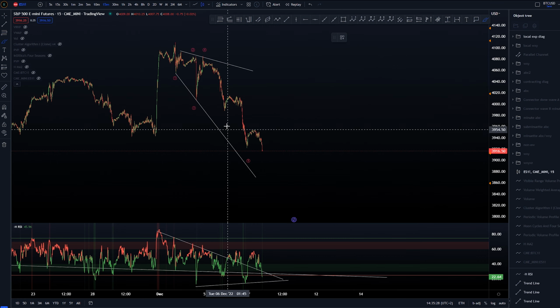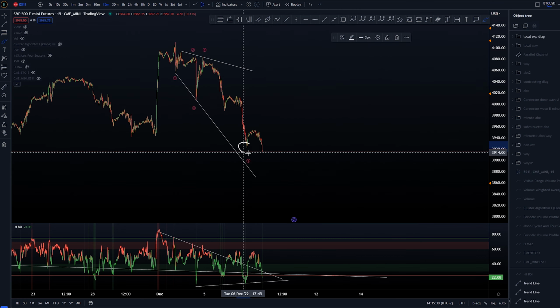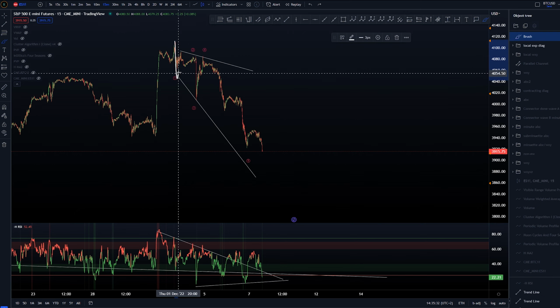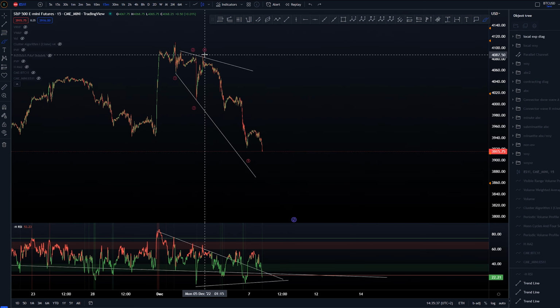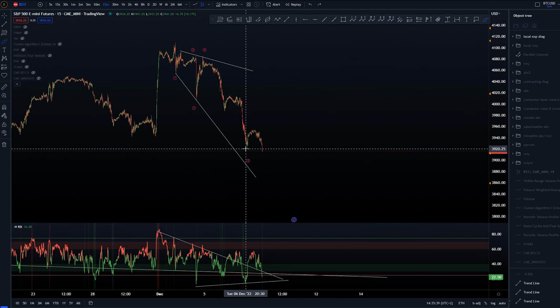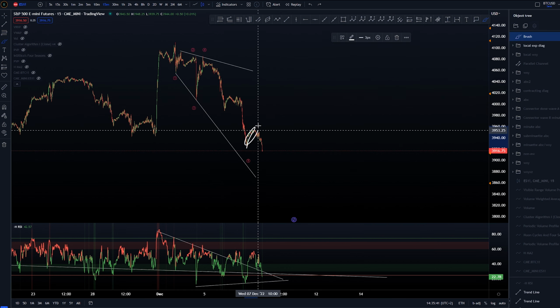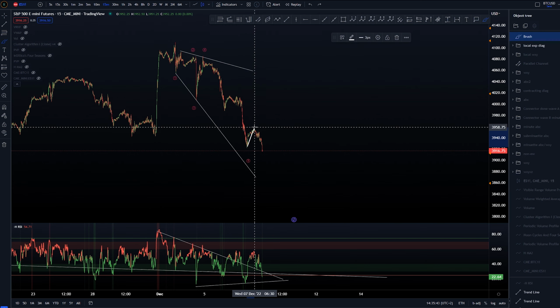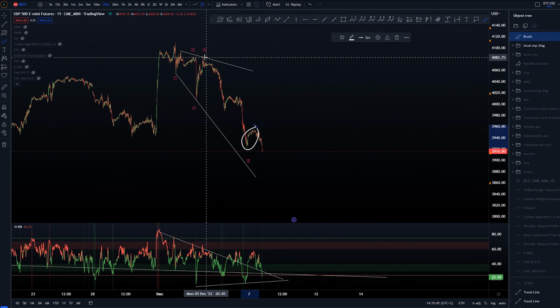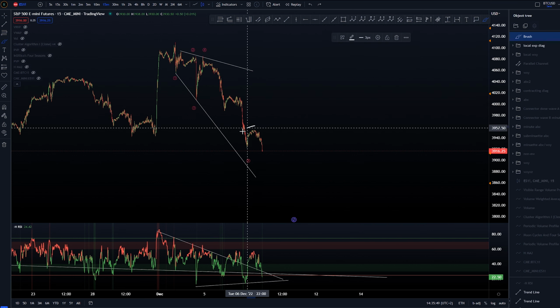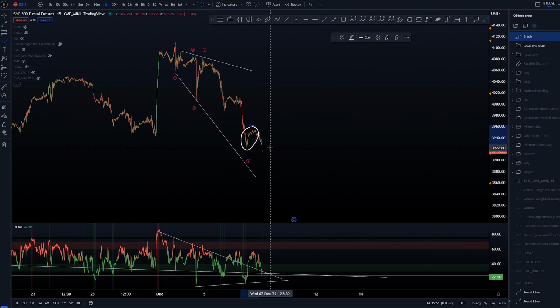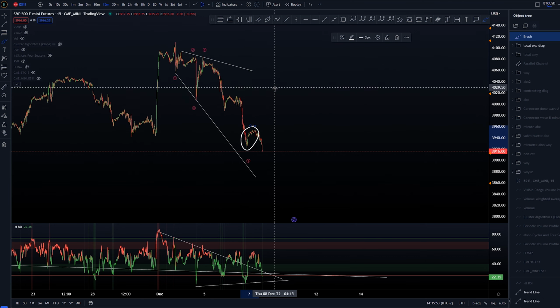It does not really respect too much of anything. Again, we have taken out these lows already. If this was a 1, 2, 3, or even if this was a wave 1, then this would be third, and then this would potentially be a fourth, but again it is so small compared to this wave 2 that it doesn't make sense, because on expanding diagonals these should be larger than the previous structures.